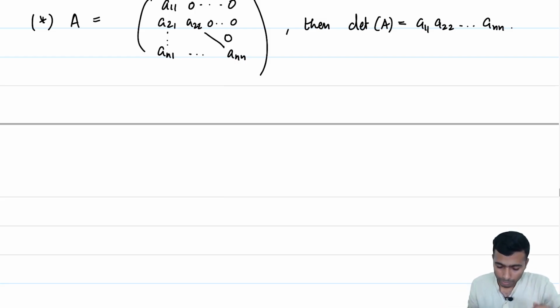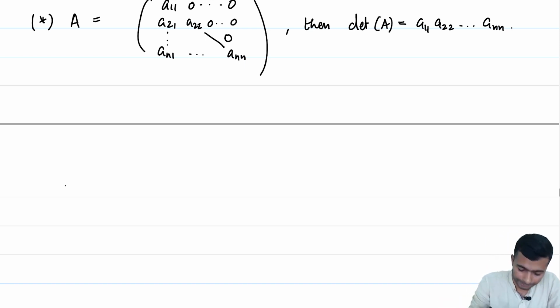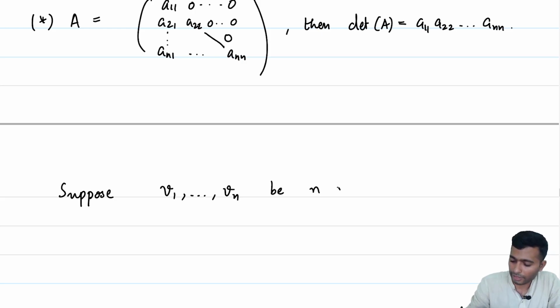Alright, now let us explore some properties of the determinant. Before we do, let us also look at the determinant of a matrix obtained by some columns of Rn. Suppose V1, V2 up to Vn are n vectors in Rn.